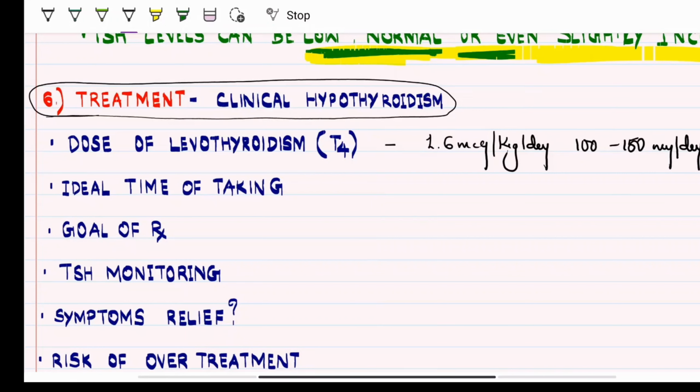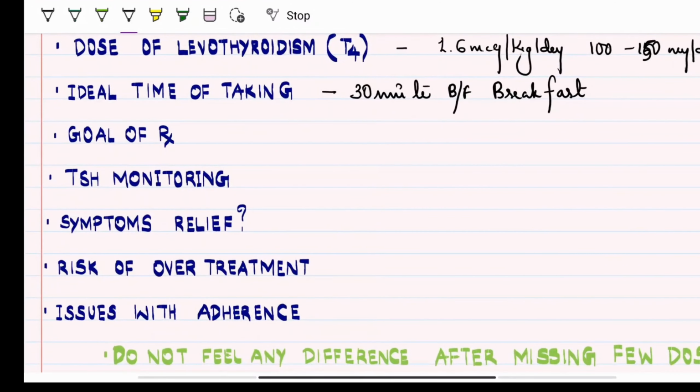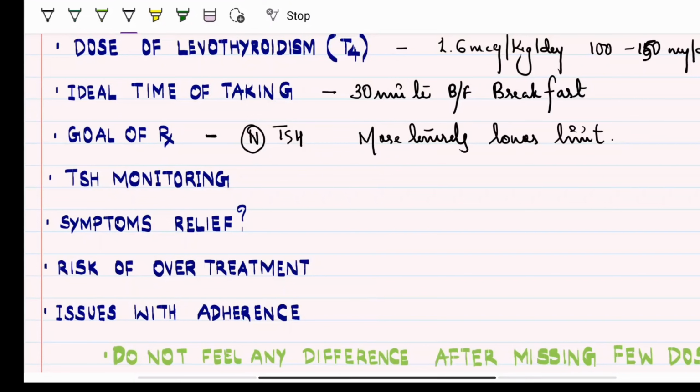The ideal time is 30 minutes before breakfast, because breakfast will affect the absorption of levothyroxine. The goal of treatment is to maintain a normal TSH level, with the range more towards the lower limit. TSH monitoring can be done every 2 months.